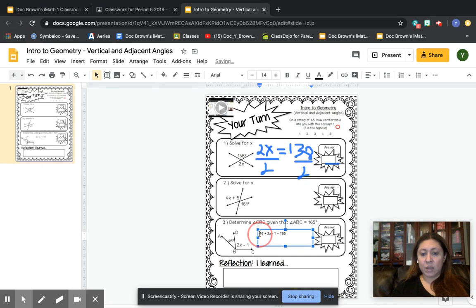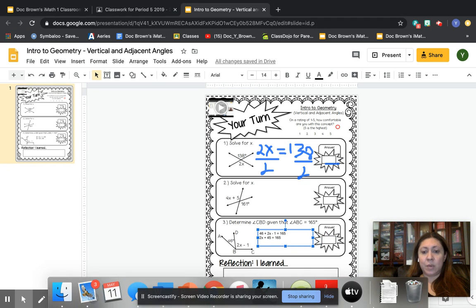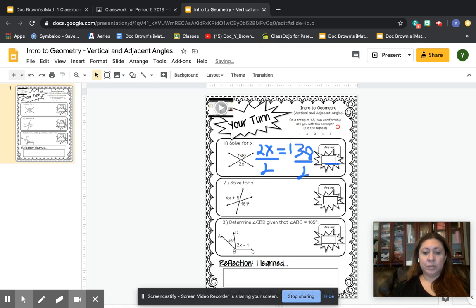Well, I have like terms. I have a 4x and a 2x here... 2x plus 46 minus 1 is 45 equals 165. Subtract 45 from both, divide them both by 2, you get your answer. Okay? That's that one. And again, if you need to, you can pause the video whenever you need to.